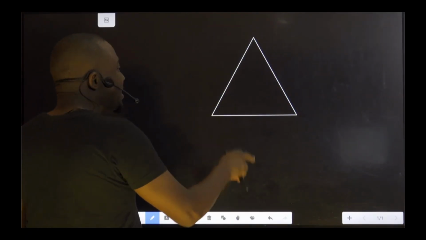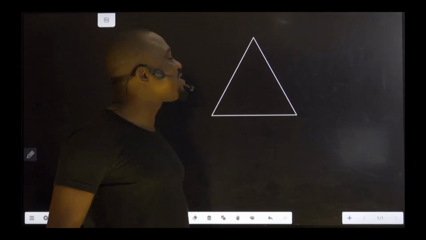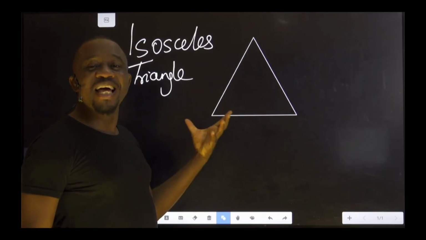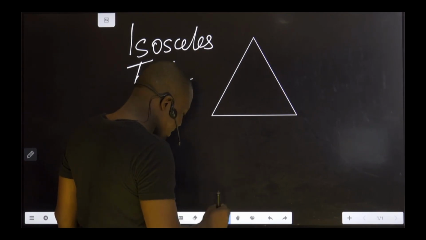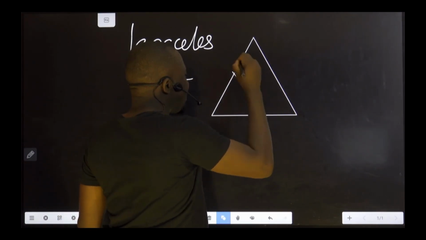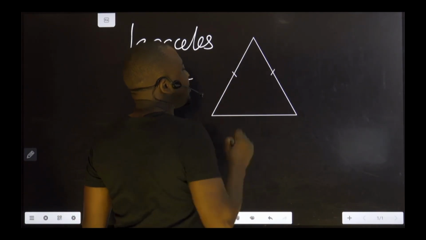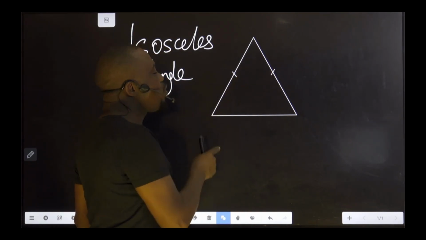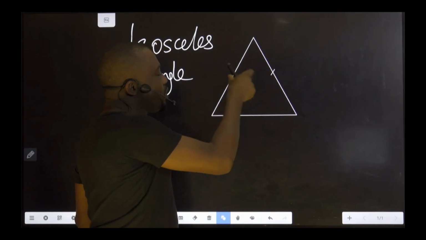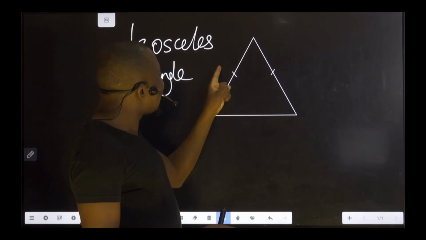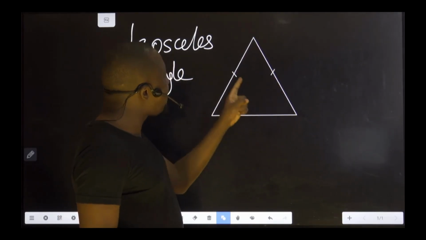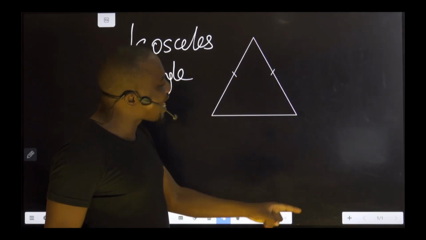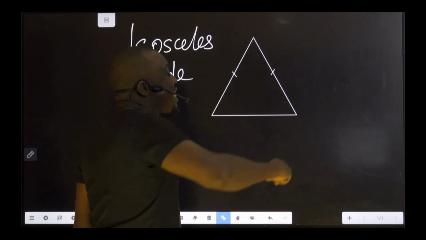So let's look at this type of triangle called the isosceles triangle. The property of an isosceles triangle is that the two sides, like this side, is equal to this side. Because the sides are equal, we use this line to represent them. So whenever you see a line on the side of a triangle, and you see the same line on the other side, they are telling you that these sides are equal.